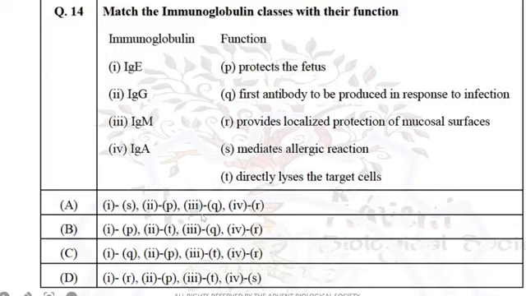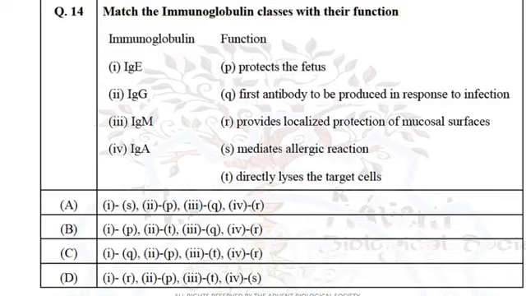IgA, now I have already mentioned that the mucosal surfaces are generally protected. You can go back to the slides and see that the mucosal surfaces are generally protected using IgA antibodies. There was a functional area where I have already mentioned this. So it would be provides localized protection of the mucosal surfaces.